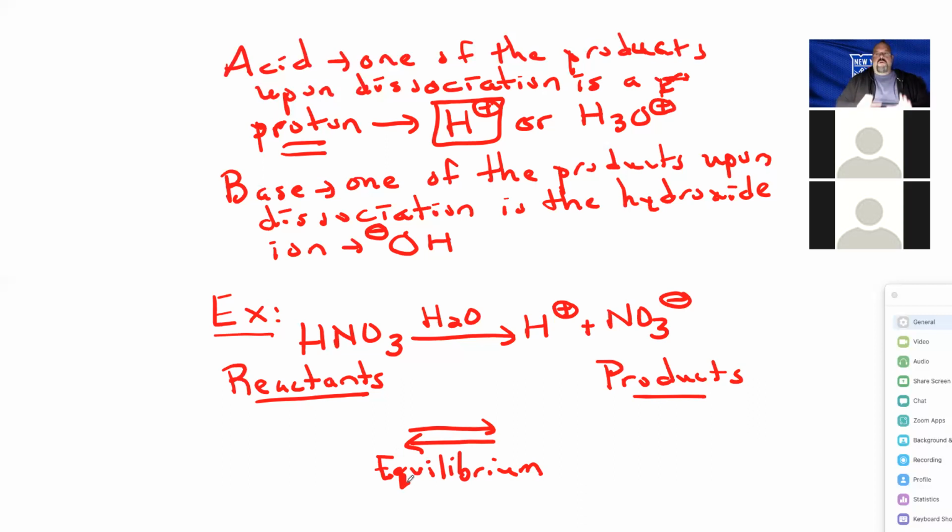So single arrow, all the reactants are converted into products. The products do not react with each other to reform reactants. If you have a double arrow, then not only are reactants converted into products, but products are converted back into reactants as well. All right, so that's a little bit about chemical equations.